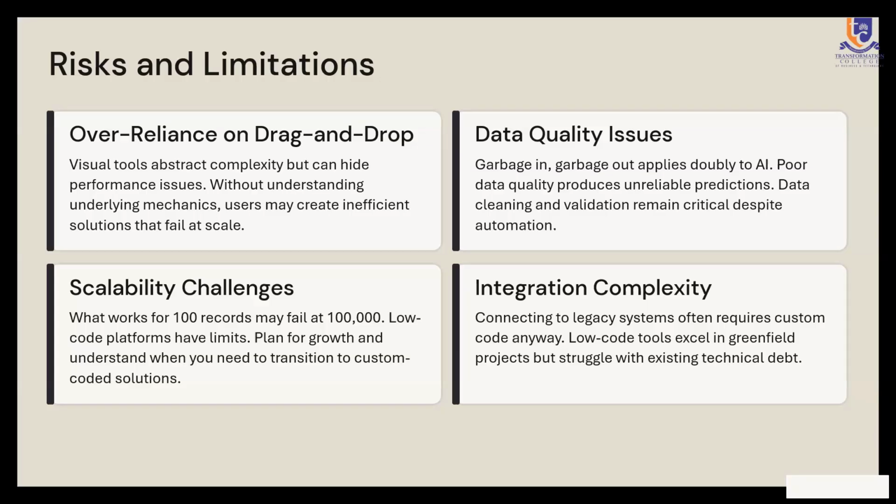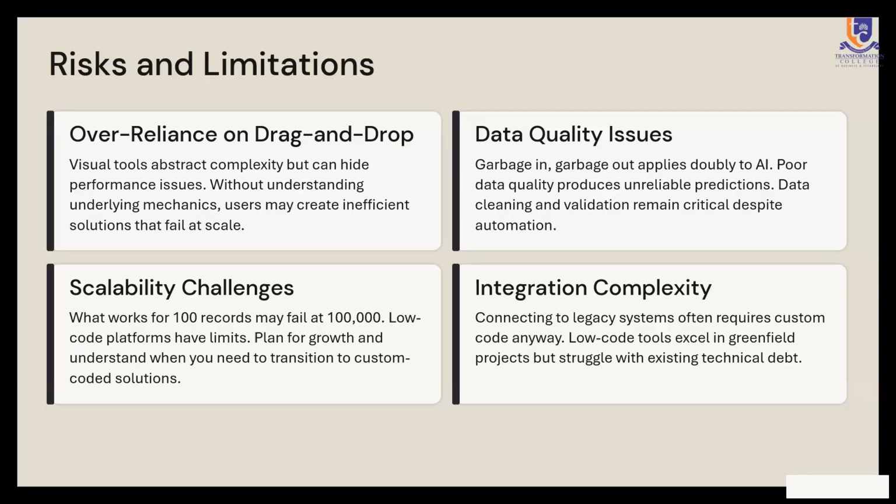And if you never really understand how the back end works, then you're not really able to fully utilize the UI elements, right? You need to understand all those elements so that when you're interacting with the UI, it feels seamless. So the risks and limitations are: you over rely on the drag and drop features, you don't understand the mechanics, and you have data quality issues because you don't understand how to really maintain or clean the data.